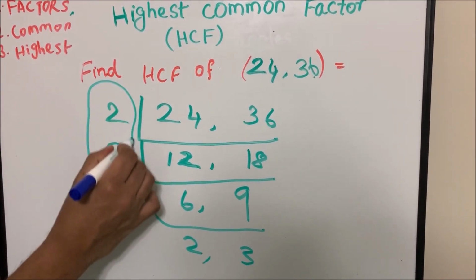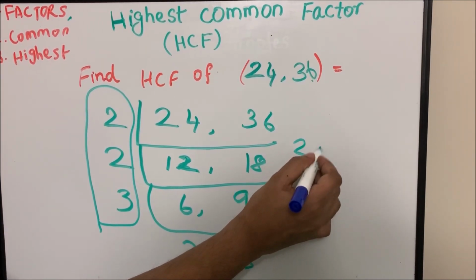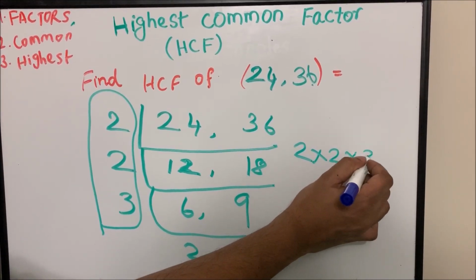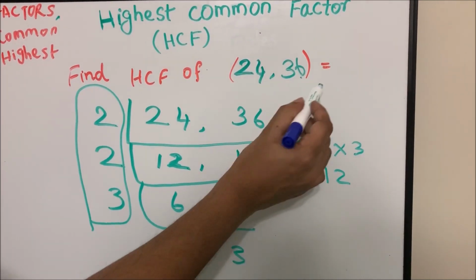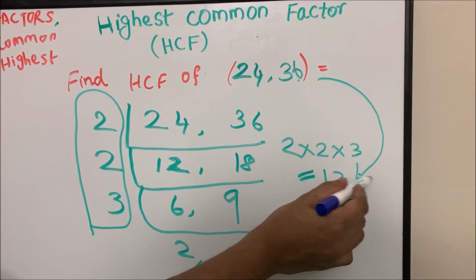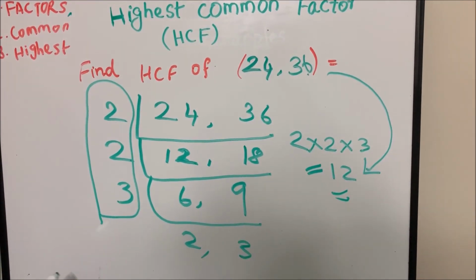So multiplying these three, 2 by 2 by 3, which gives 12. So the HCF of 24 and 36 is 12.